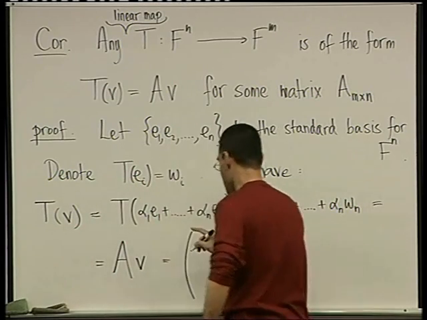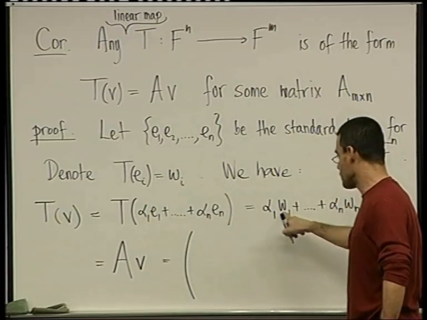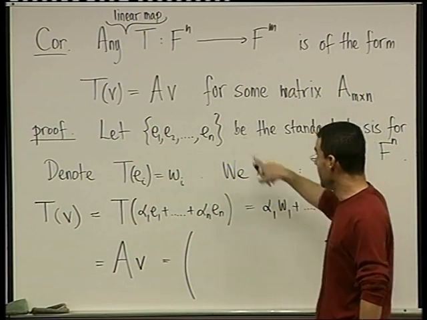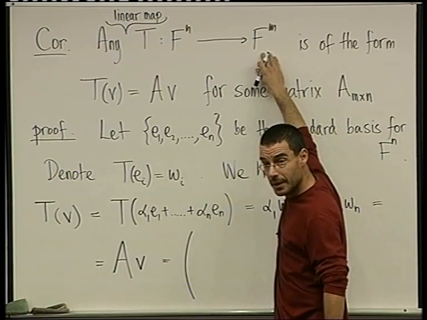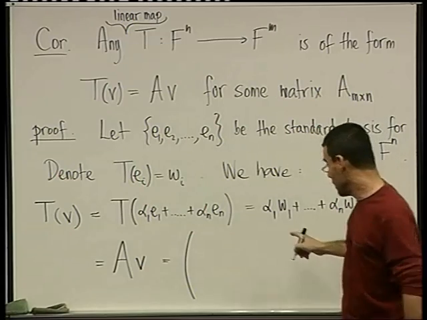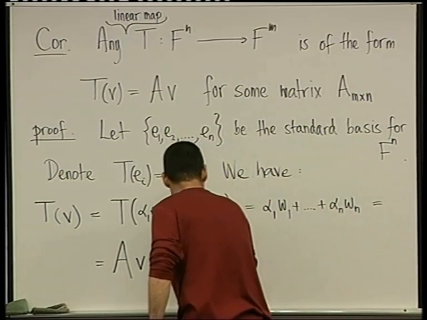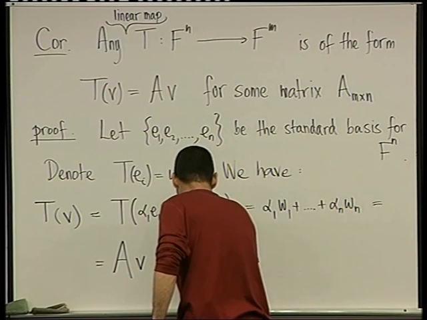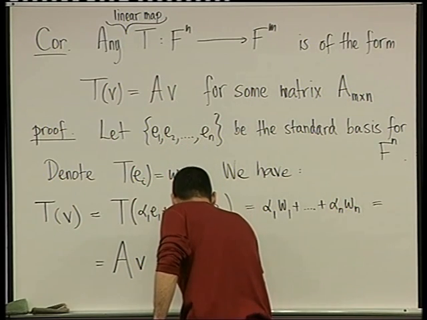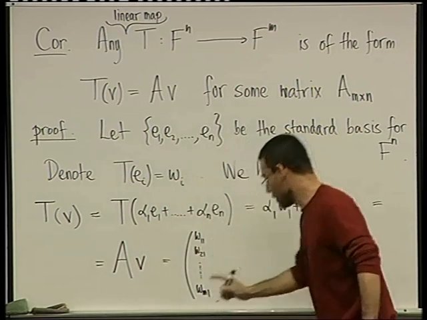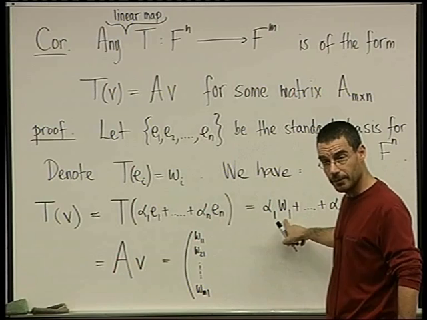Okay, let's write A is the matrix whose columns are the W's. So W1 is an element in Fm, right? It has m components. Let's call the components of W1, W1,1, W2,1, all the way up to Wm,1. Those are the components of W1. Okay?